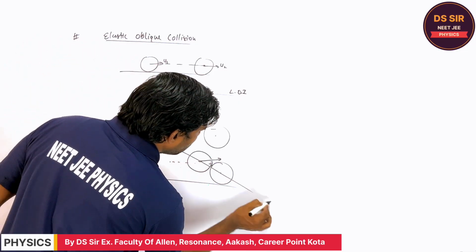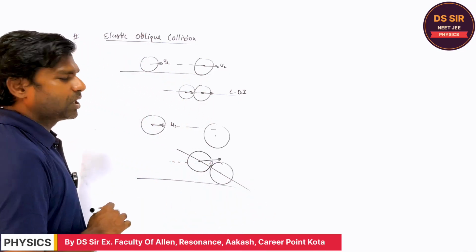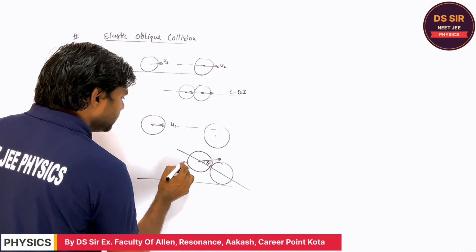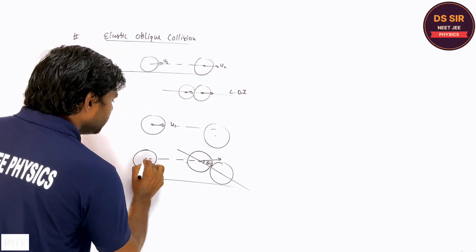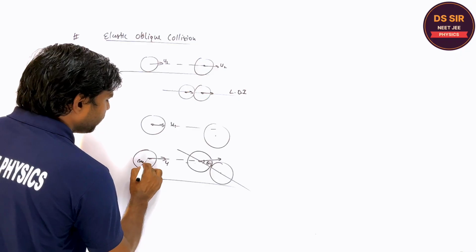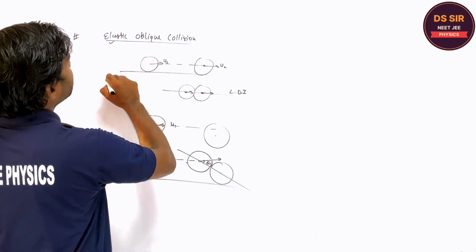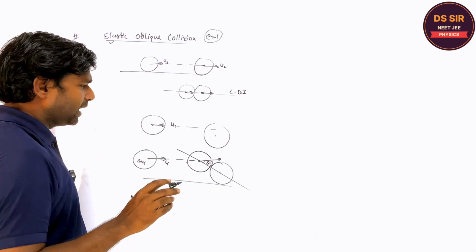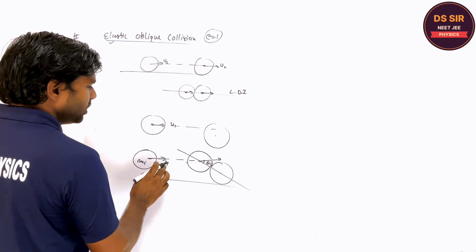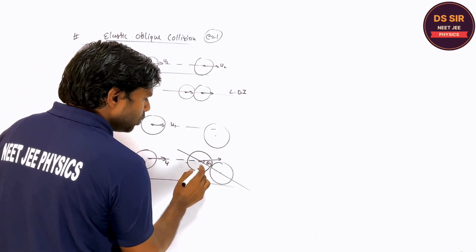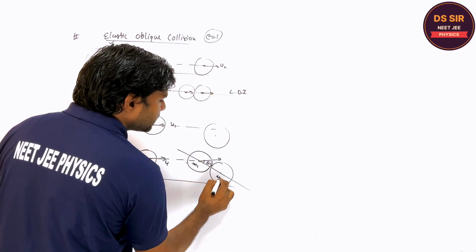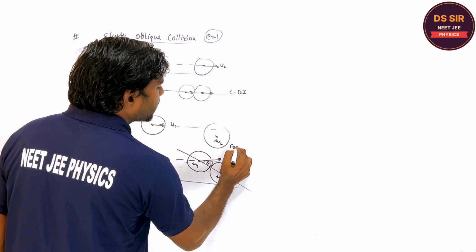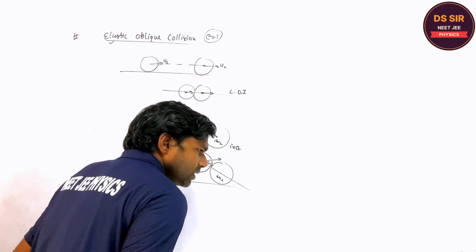So this is the common normal, or you can say the line of impact. If this angle is theta, suppose, and this ball is coming with speed u, suppose this is m1. I am considering the elastic collision, that is the coefficient of restitution is 1 and there is no loss of energy. So this is m1 and this is m2. Suppose this m2 is at rest.